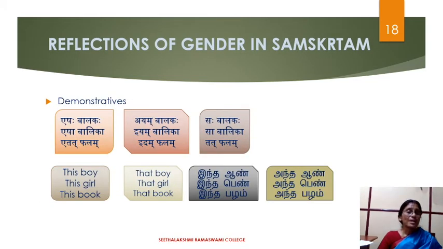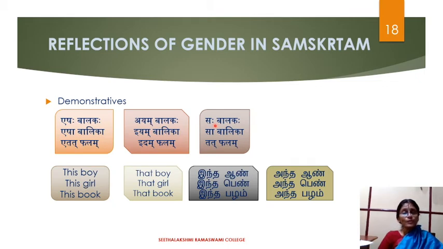Then, taking up demonstratives, we have Yeshaha Balakaha, Yesha Balika, Yetat Phalam. Now, we have three demonstratives. Yeshaha, Ayam, Saha. Normally in English we have this, that. In Tamil we have inda, anda.